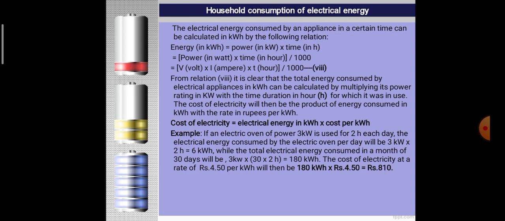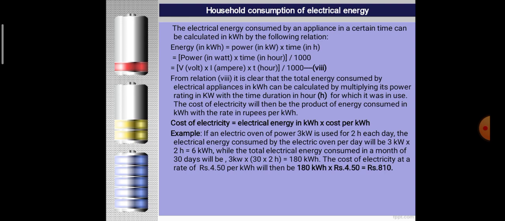The cost of electricity will then be the product of energy consumed in kilowatt hour with the rate in rupees per kilowatt hour. The cost of electricity is electrical energy into cost per kilowatt hour. Let's see an example.